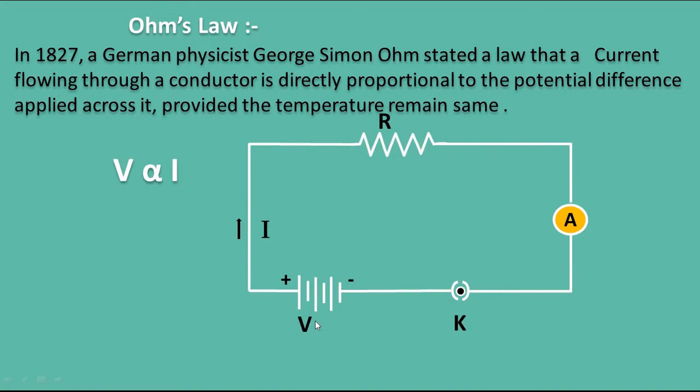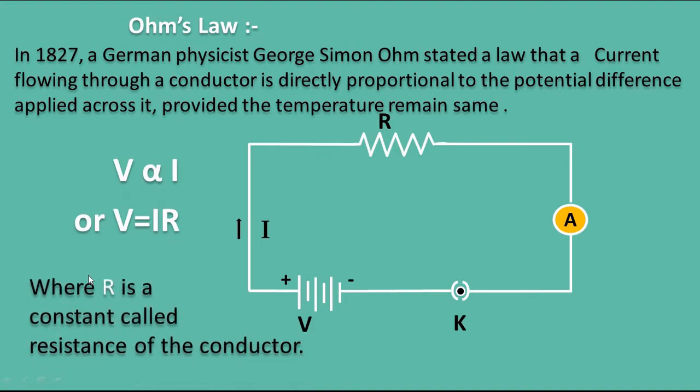Or this can be expressed as a relation V equal to IR, where R is a constant called resistance of the conductor. Now, what is this resistance?